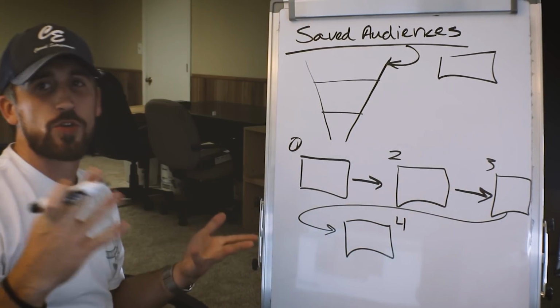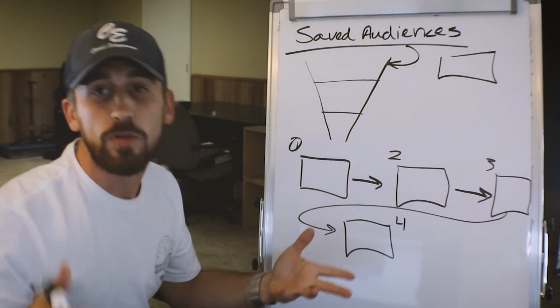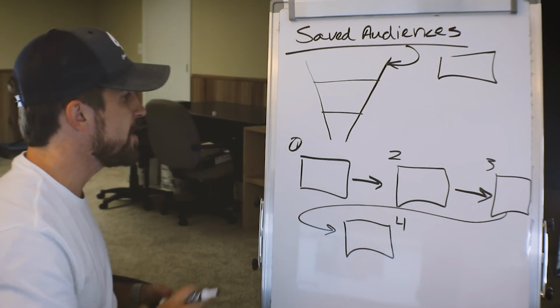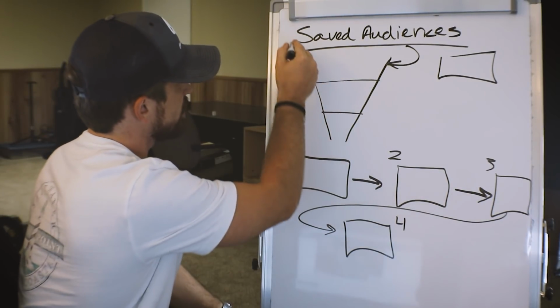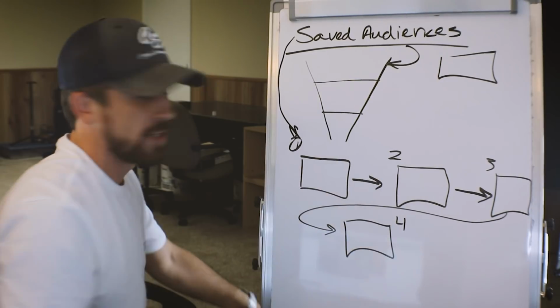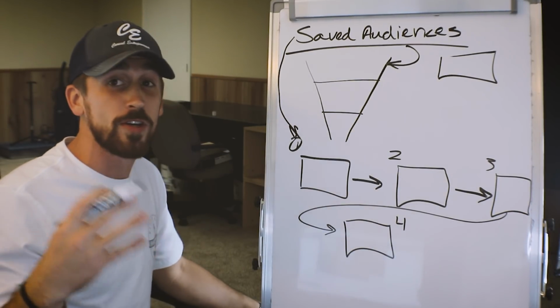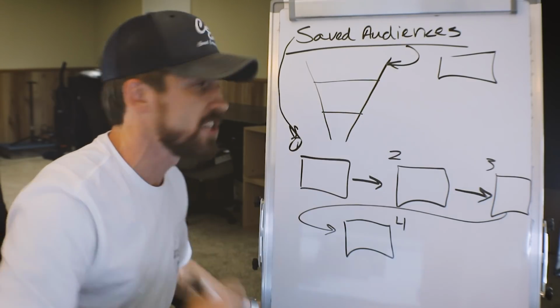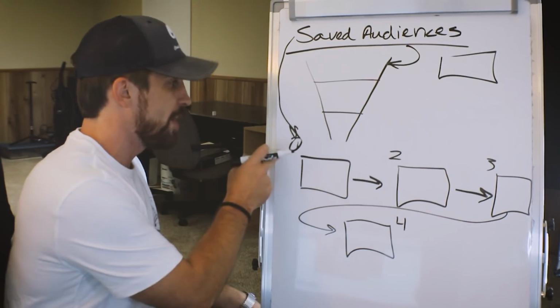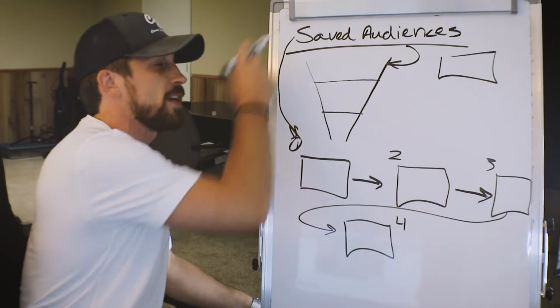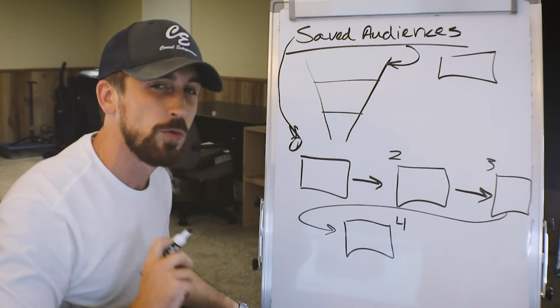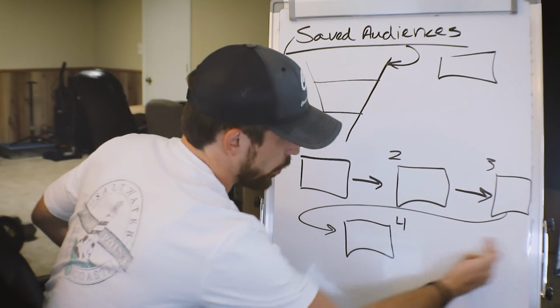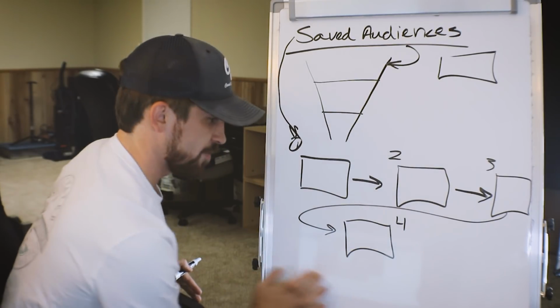If this is your ad string, the ad funnel that you've created for your campaign, then what you need to understand is the saved audiences are really only going to be that first audience. And then as soon as you can create a lookalike audience, here's a pro tip, y'all pay attention. As soon as you can remove that saved audience and replace it with a lookalike audience, that's what you want to do. And then you take the more qualified audiences further down the funnel.